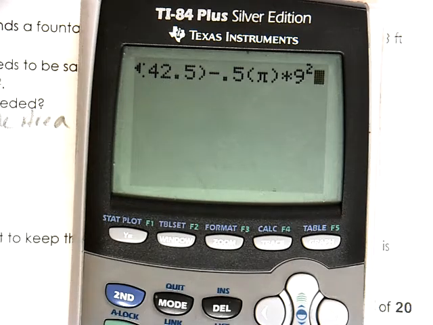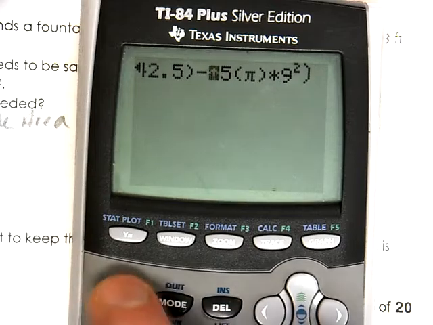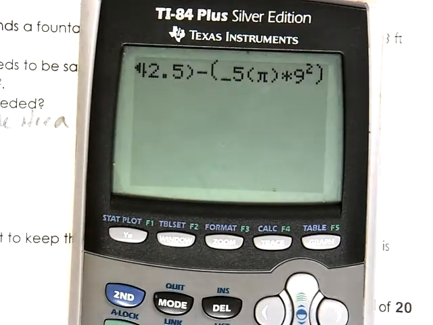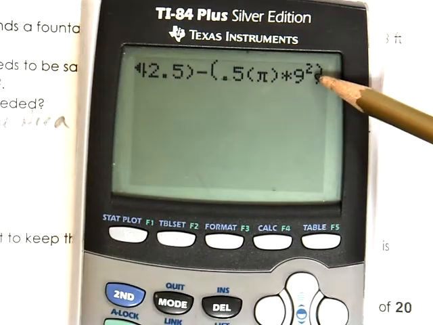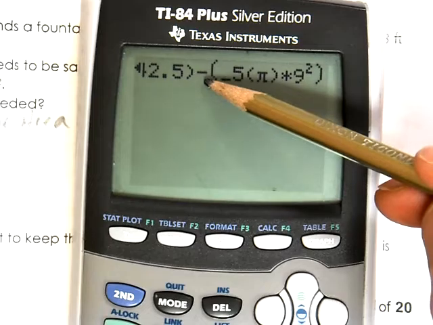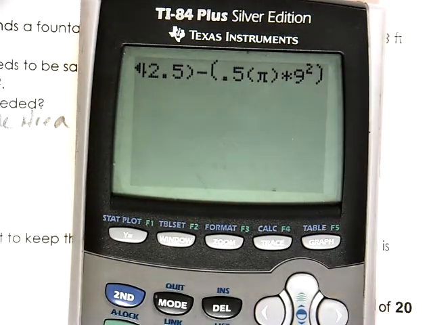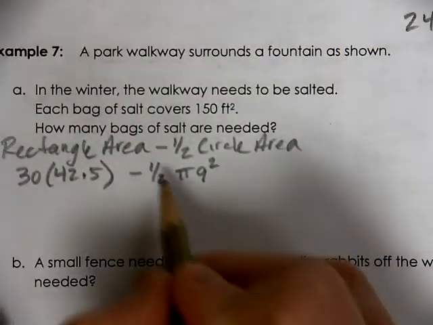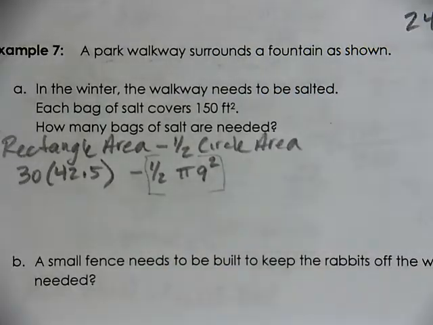Now, order of operations is pretty confident it's going to do that with this. It's going to take the rectangle and minus the whole piece. Order of operations says you'll do multiplication before you do the subtraction. I'll show you that it comes out to be the same. I put parentheses around what we're subtracting just to be safe. It's like subtracting this whole part, which makes sense.